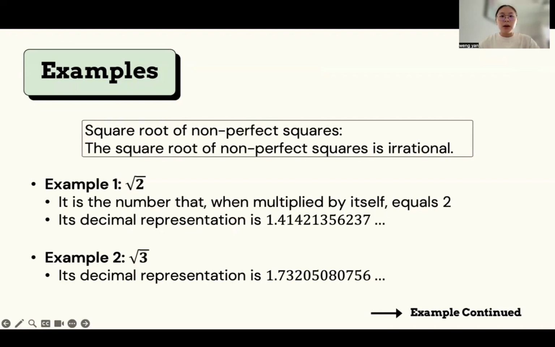Notice how the digits go on forever and there is no clear repeating pattern. Because there's no pattern, we cannot write it as a simple fraction, confirming it is irrational. Here is another quick example, the square root of 3. Like the square root of 2, the digits continue infinitely without ever settling into a repeating sequence. These examples show us that while some square roots are rational, like the square root of 9 and the square root of 25, many others are not.